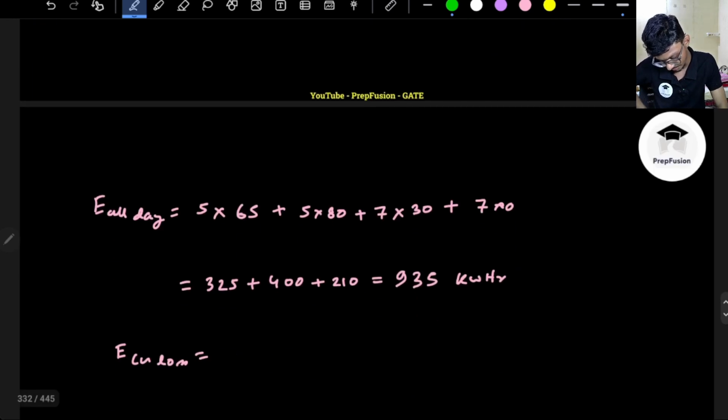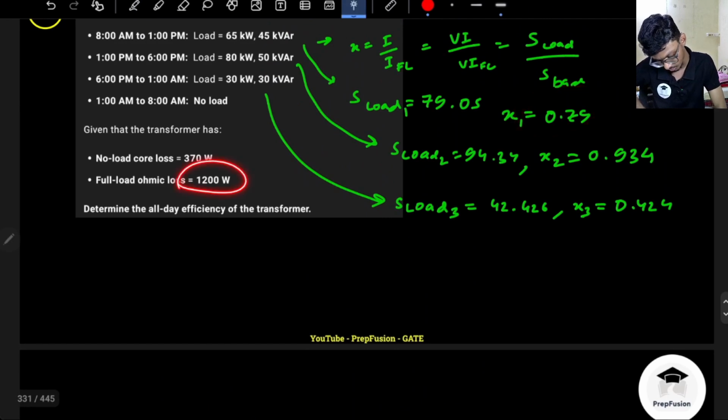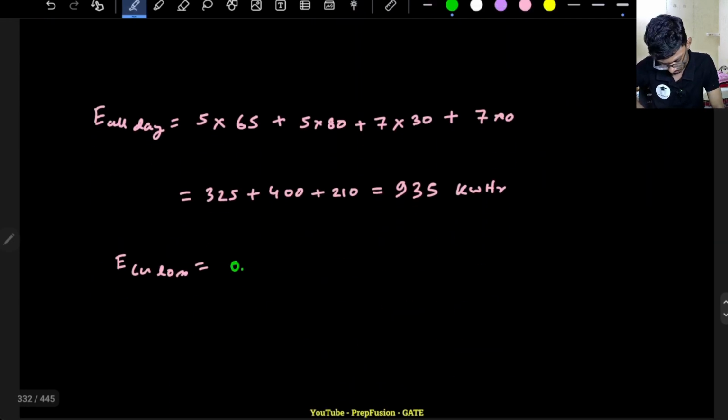So from here I can easily find out my energy copper loss. So this is x1 whole square into the full load copper loss. So this will be 0.79 whole square into PCUFL.